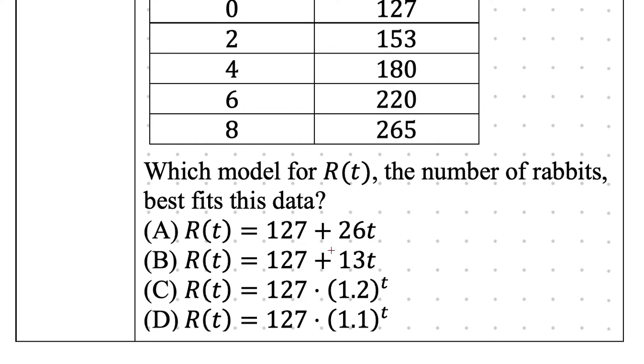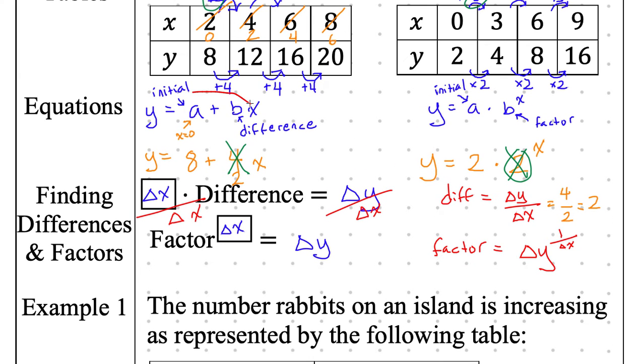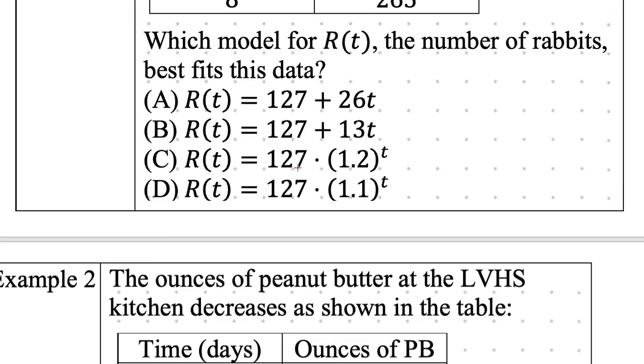You can tell that A and B are linear because they're doing something plus something times something else. It matches this form for our linear function right here. And the second 2 equations look like exponential equations, where it's the initial amount times our factor to the power of the variable.